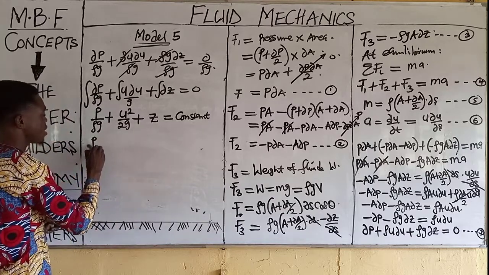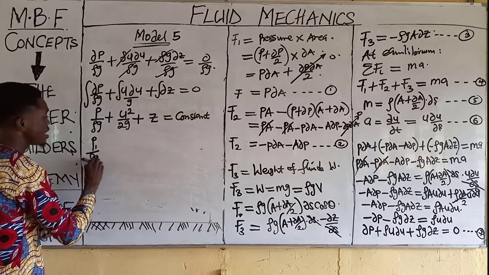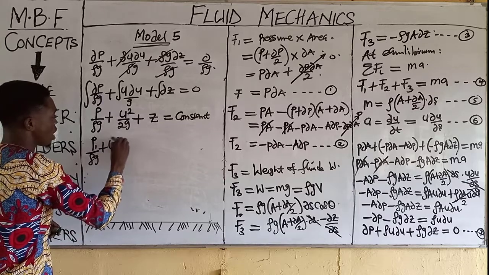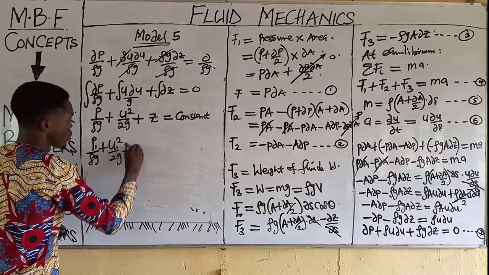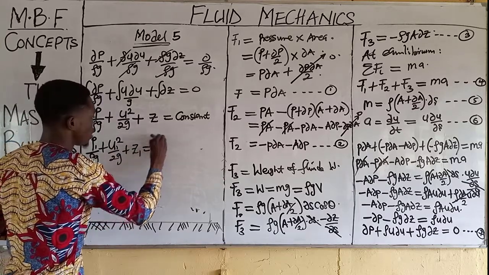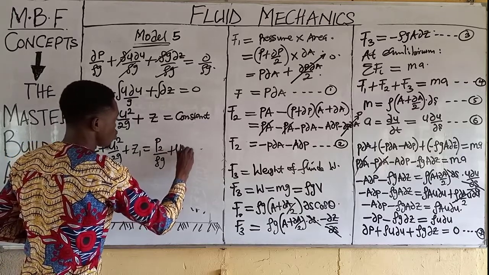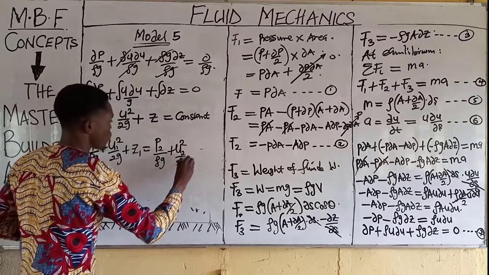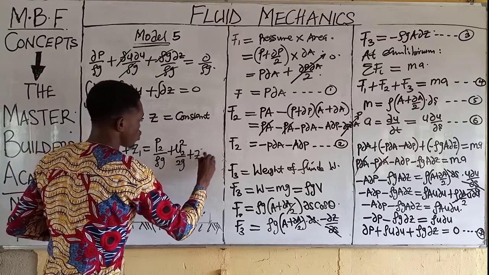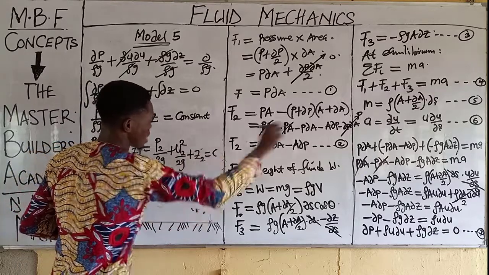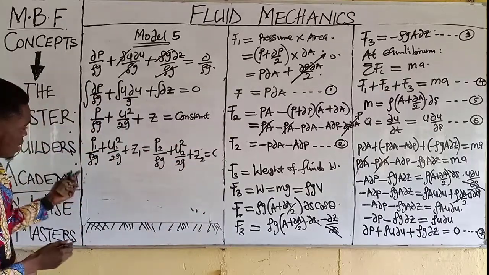So at this point, we have this as this. Therefore, this can be P1 over rho G plus U1 squared over 2G plus Z1 is equal to P2 over rho G plus U2 squared over 2G plus Z2 is equal to constant, just continuous. This is it.